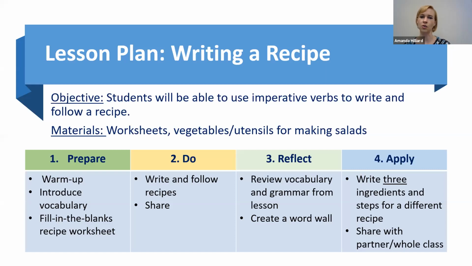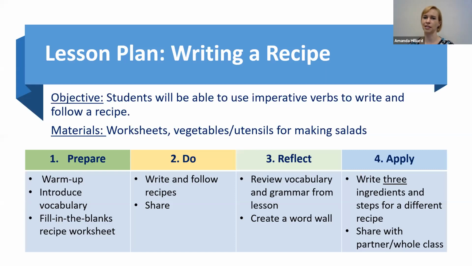For the materials, I had the worksheet with the fill-in-the-blank recipes, and vegetables or utensils for making salads. Then I have my 4 steps here. I have a warm-up, introduce the vocabulary and fill-in-the-blanks recipe worksheet to prepare the students. In the second stage, they write and follow the recipes, they share, maybe eat a little bit of the food in class.